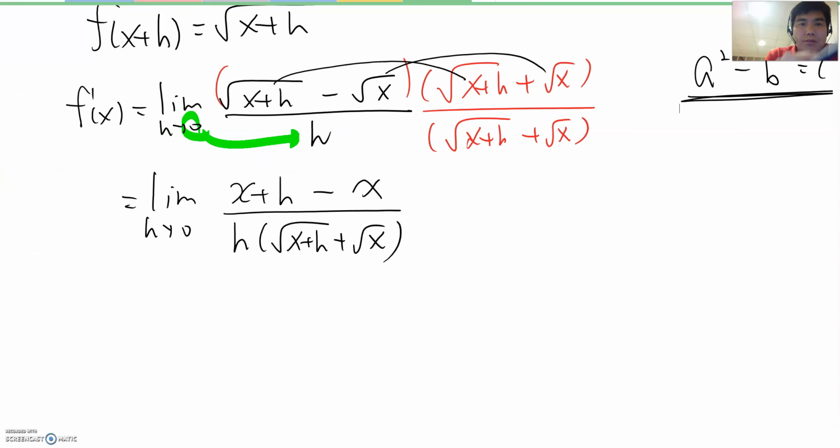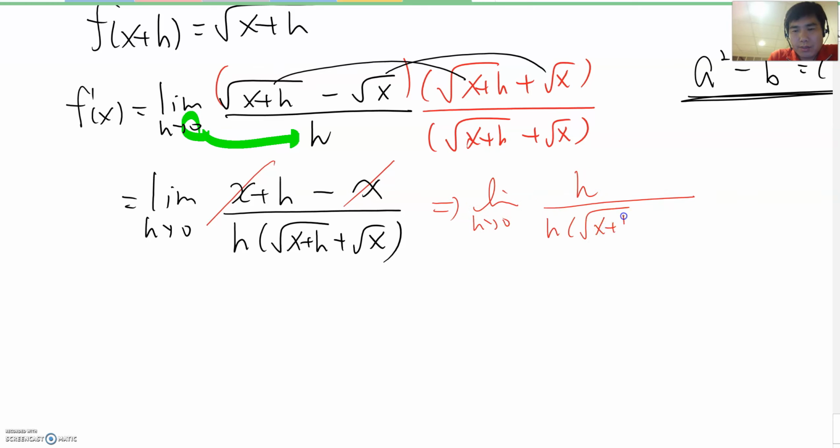And then I simplify the numerator, so x minus x is gone. This becomes the limit as h moves to 0 of h over h times square root of x plus h plus root x, and we simplify the common terms between numerator and denominator.